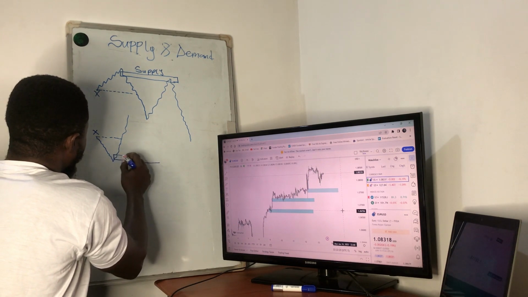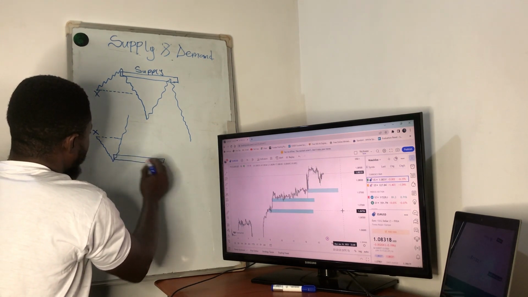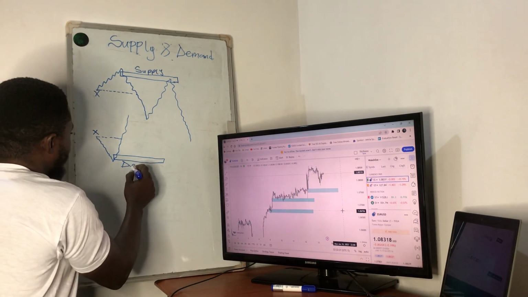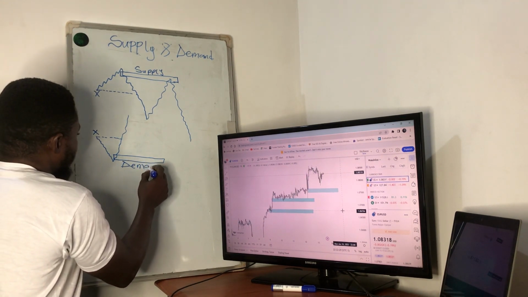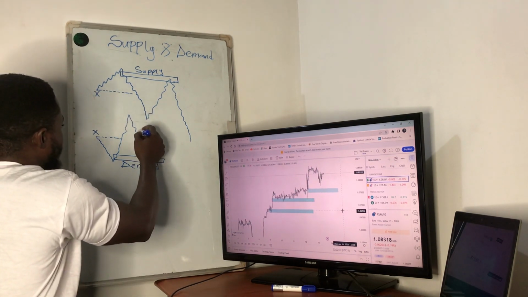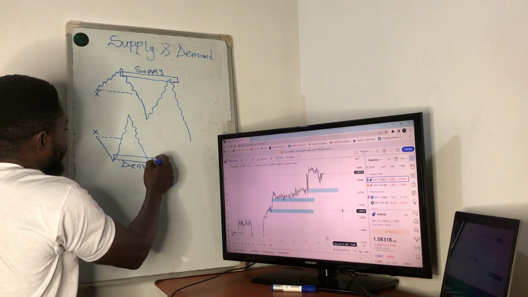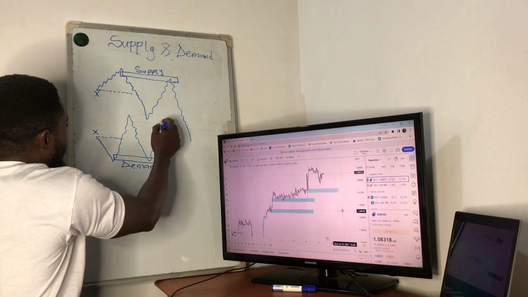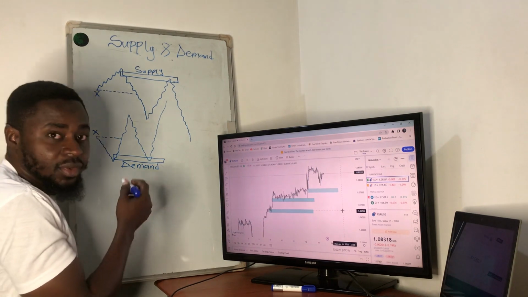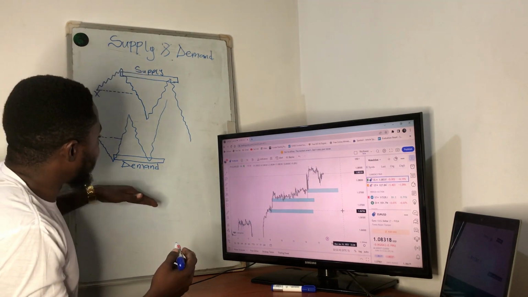We'll be looking at what? An area of demand over here, and then wait for price to trade back into it in the future, and for us to possibly buy it back up. And so that's how I look at supply and demand.